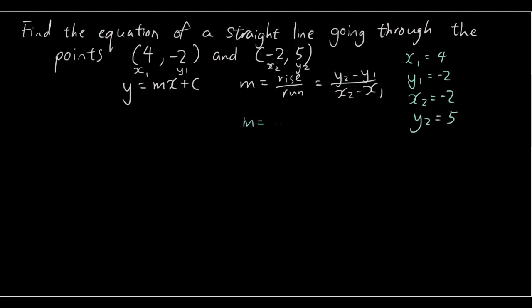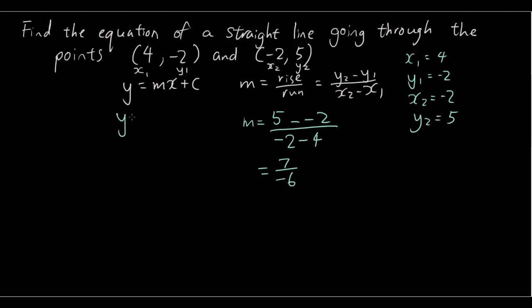So y2 minus y1 is 5 minus -2. x2 minus x1 is -2 minus 4.